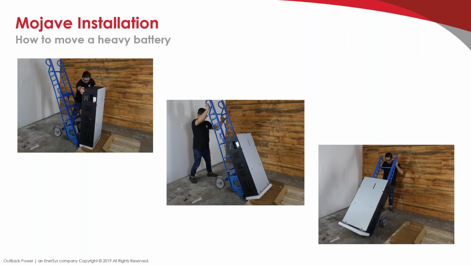So that's one tip I would do differently next time: make sure you put the front of the battery, where you see those metal covers, which are the internal covers of the battery, against the hand truck.